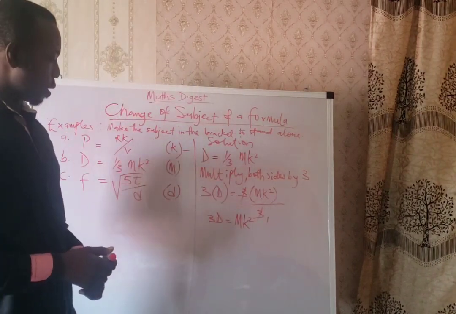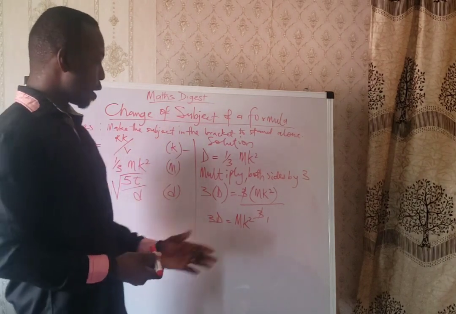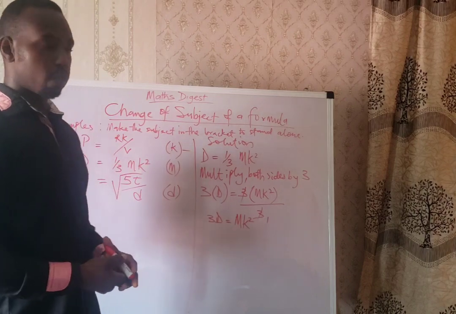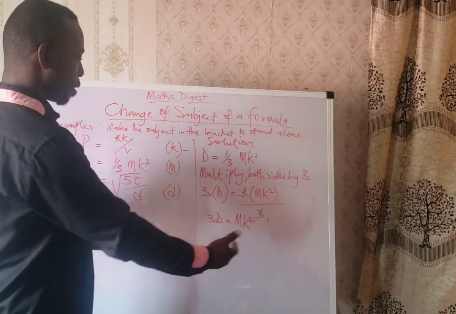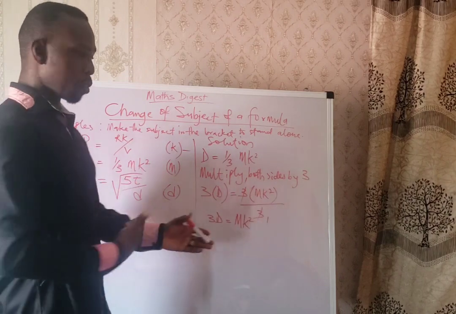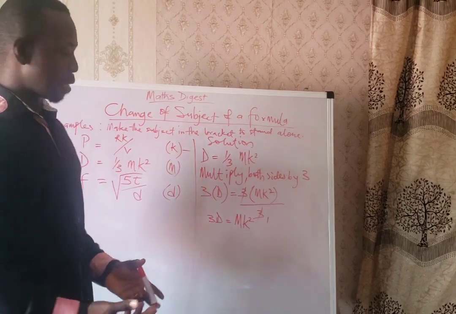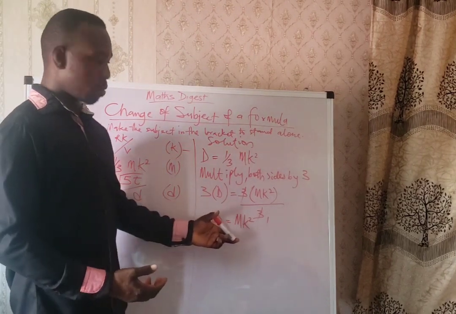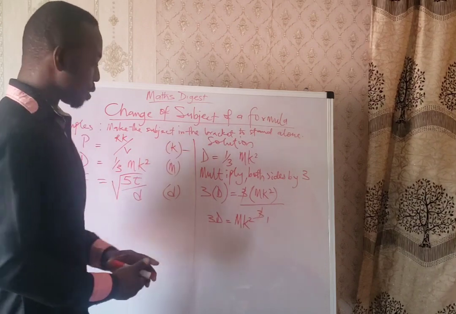Now at this point, we have k squared with the subject of the formula. So we're going to either rewrite the expression, bringing this to this side or this to this side. They still remain the same if we solve it this way or we change it. They are the same thing.